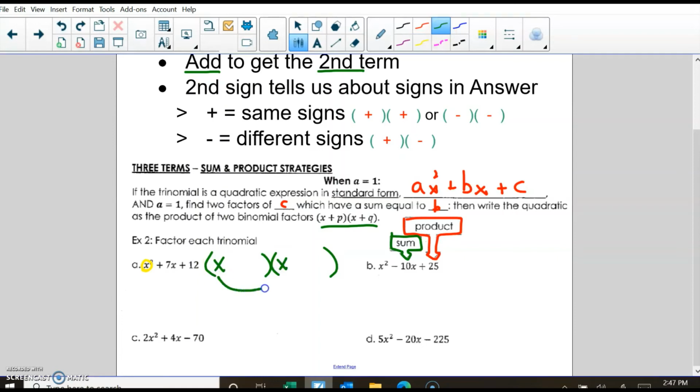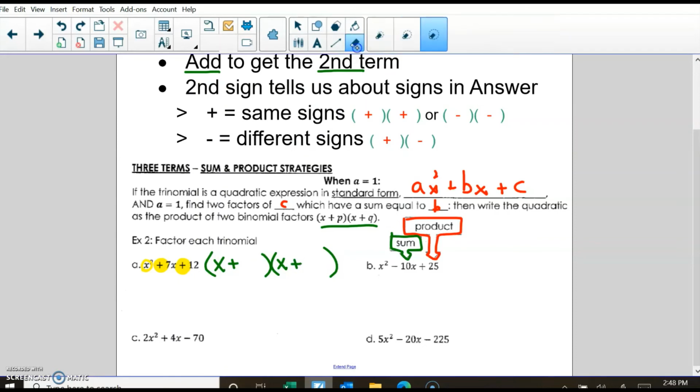X times x will give you x squared. We also know, based on the signs in the problem, that they're going to be the same. And everything in this problem is positive, so therefore, the signs are both going to be plus.